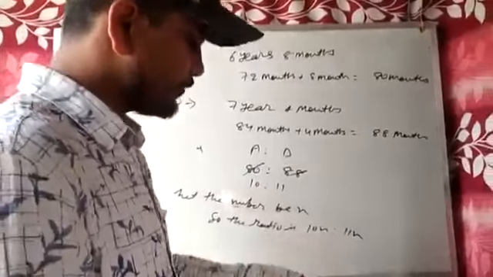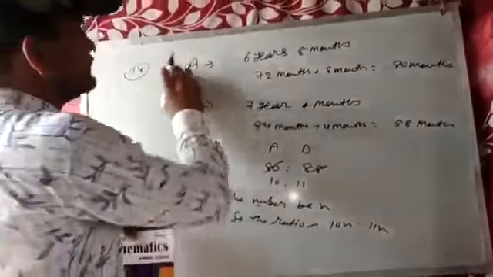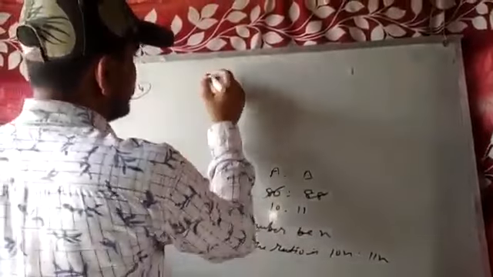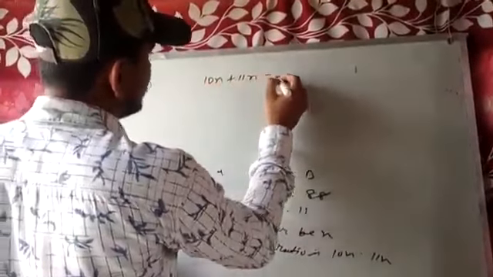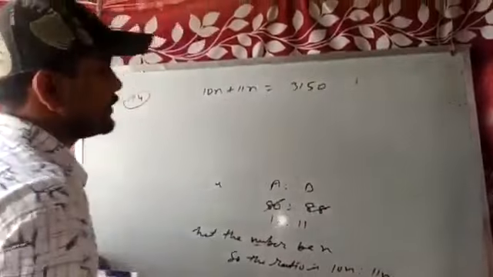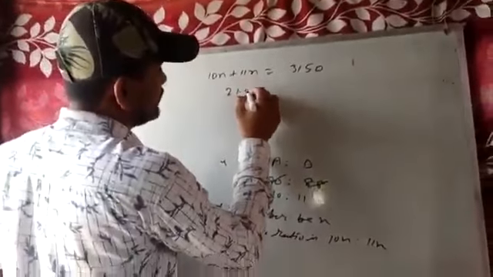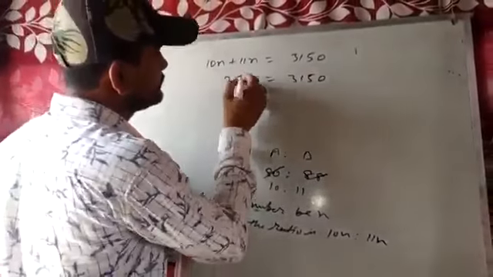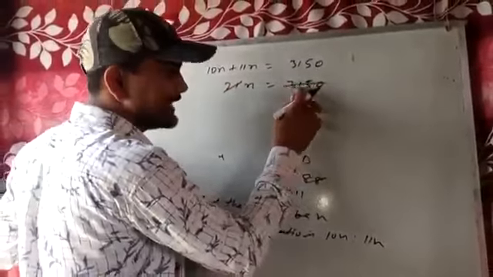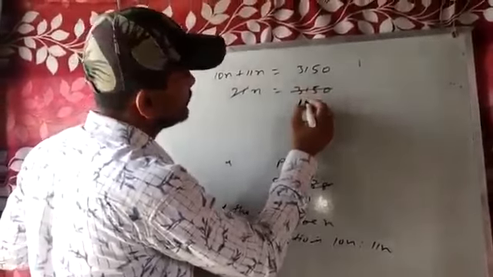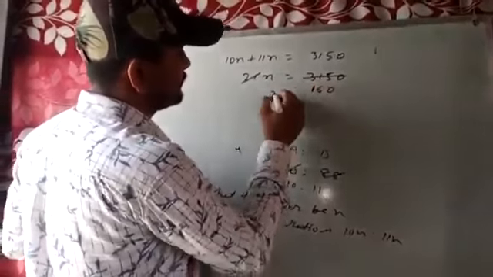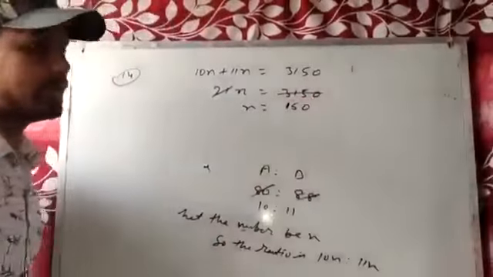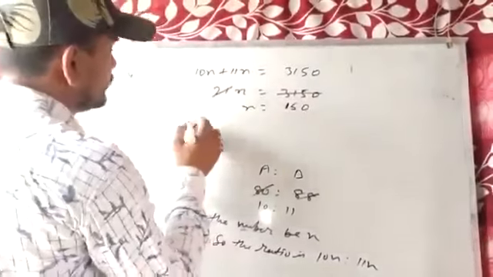We have to divide 3,150 rupees between A and B. So we can write 10x plus 11x is equal to 3,150. 21x is equal to 3150. See, we can cut 21, then 5. So we get the value of x equal to 150.